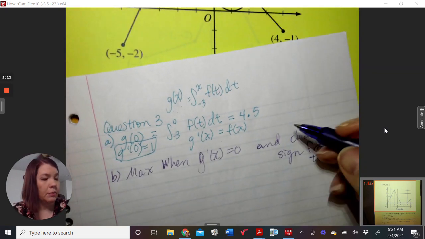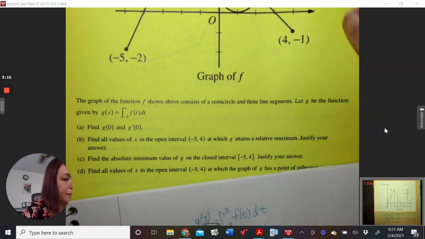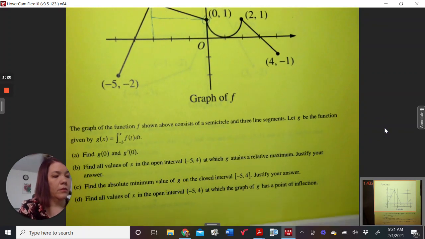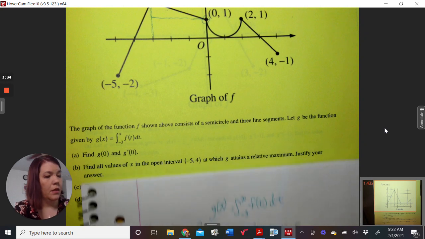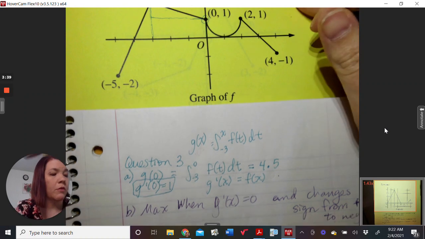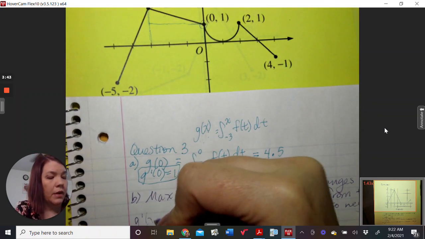So when g prime is 0, from positive to negative. All right. So I'm looking for g prime, which is f of x. So I'm looking for where the function is equal to 0, and g prime of x equals 0.